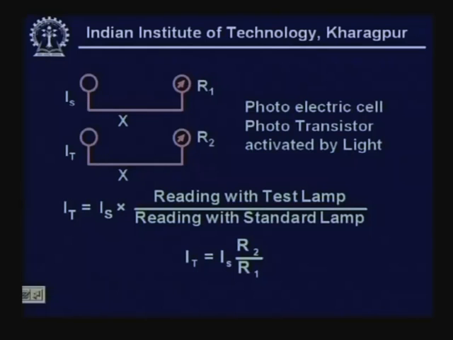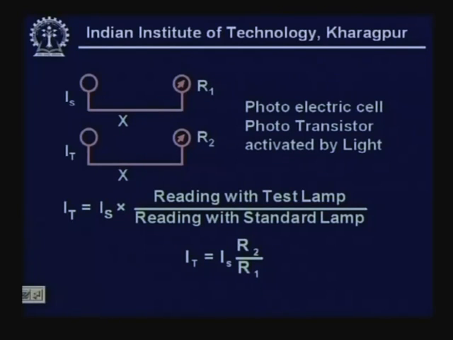In fact, you remember what are we reading in the lux meter? We are reading the illuminance. Illuminance is proportional to your luminous intensity. Recall inverse square law. In the first case, the reading R1 is essentially Is by x squared.